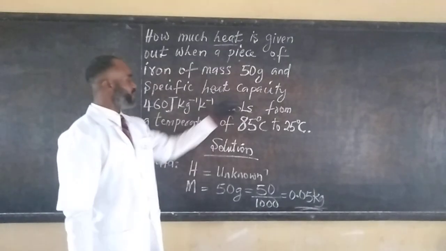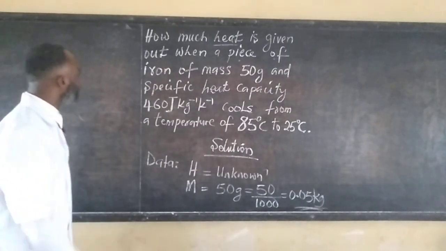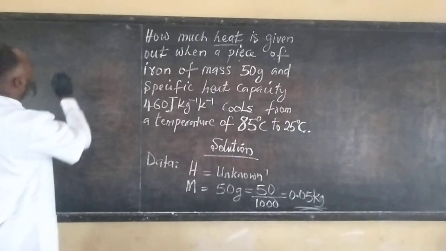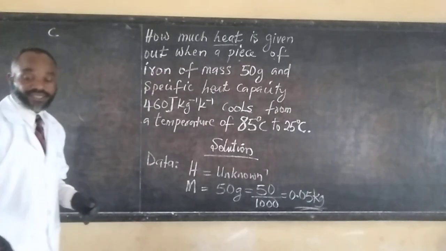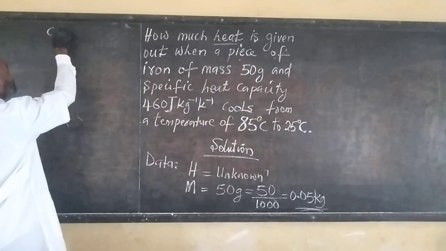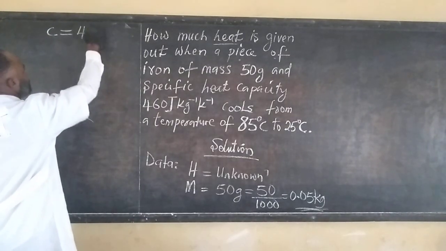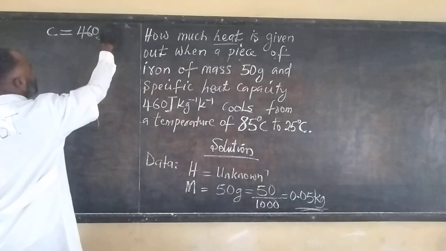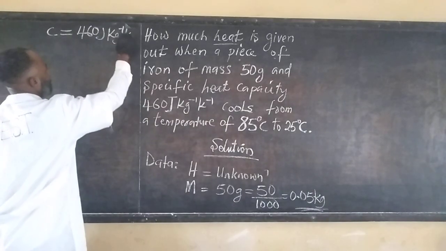Specific heat capacity is given as 460 joule per kilogram per Kelvin. Specific heat capacity is represented by small letter c and is written as 460 joule per kilogram per Kelvin.